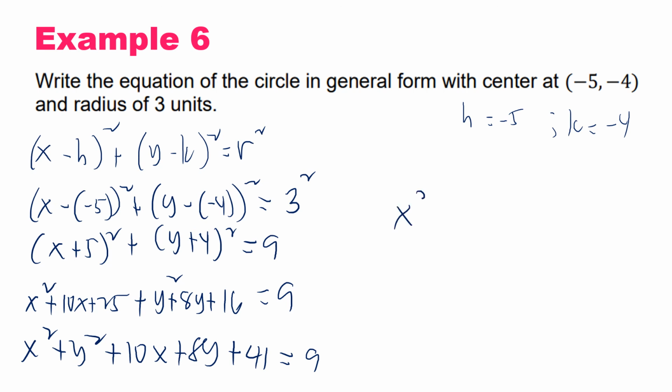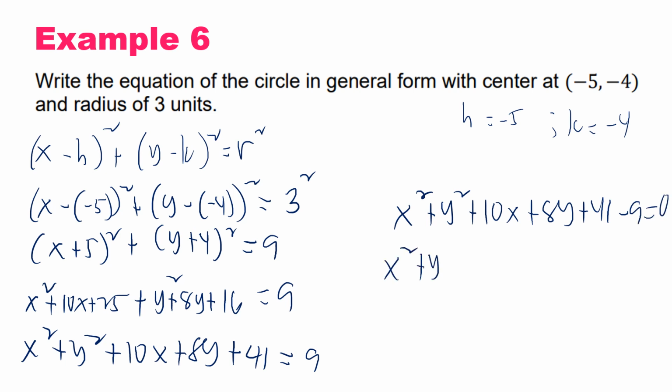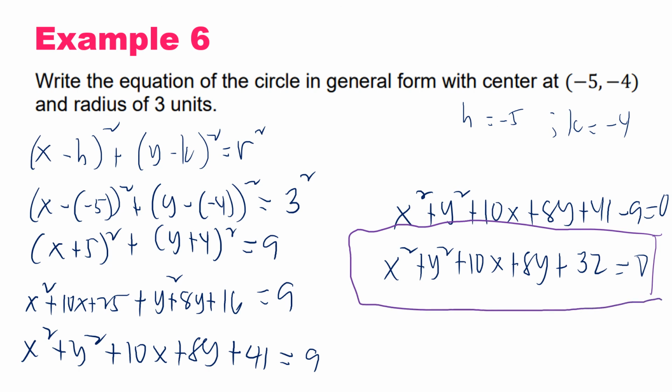So we have x squared plus y squared plus 10x plus 8y plus 41 minus 9 equals 0. Therefore, x squared plus y squared plus 10x plus 8y plus 32 equals 0. This is now your final answer, in general form.